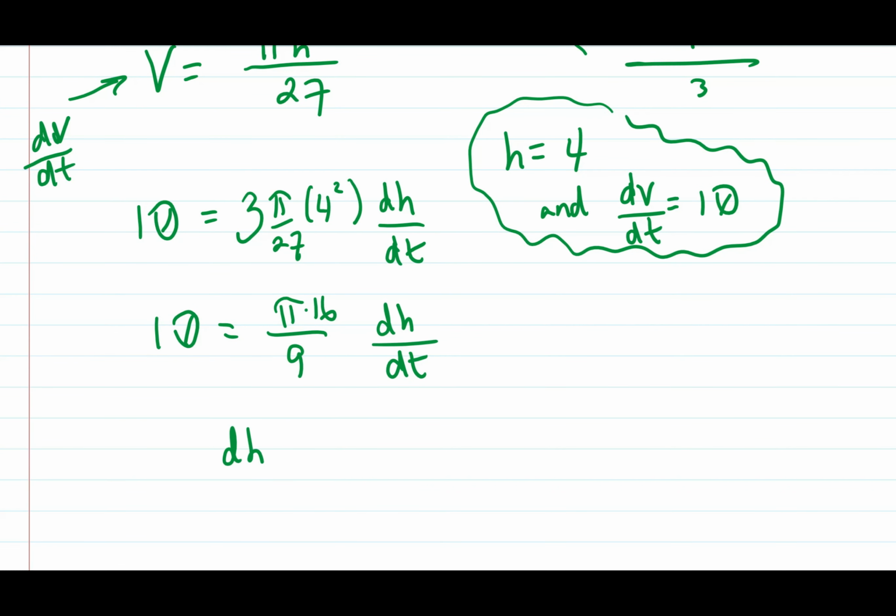Okay, then lastly, we can solve for dH/dt, get that by itself. What's going to happen here, we're going to have 90 over 16 pi. And this is in, let's see, they're using centimeters per second.